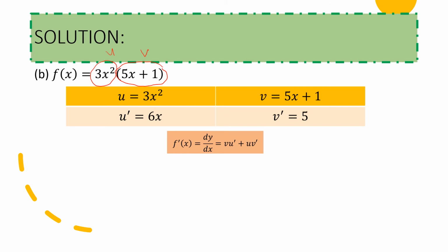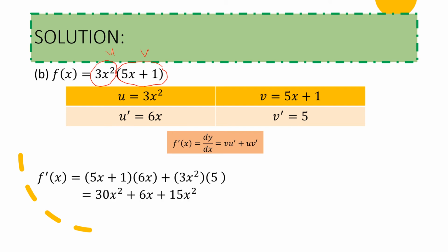So we substitute into the product rule. So f prime x equals vu prime plus uv prime. Substitute, and then we expand and then simplify. So the final answer is 45x squared plus 6x.